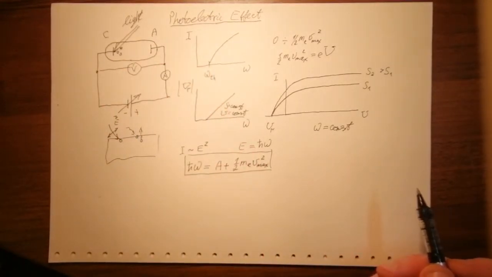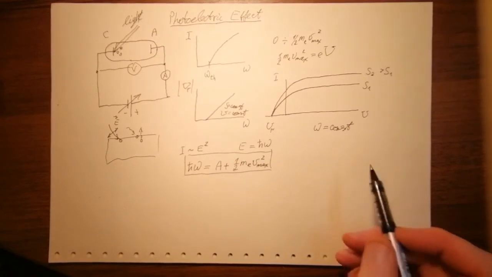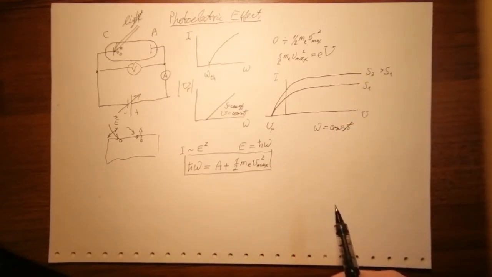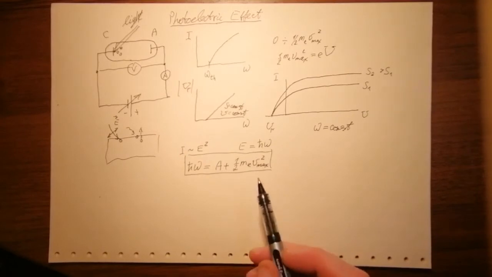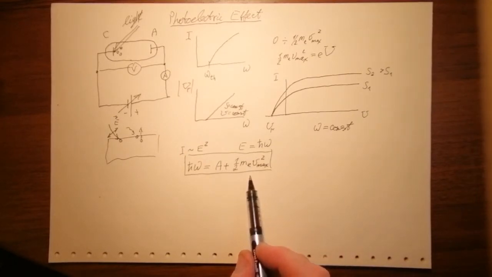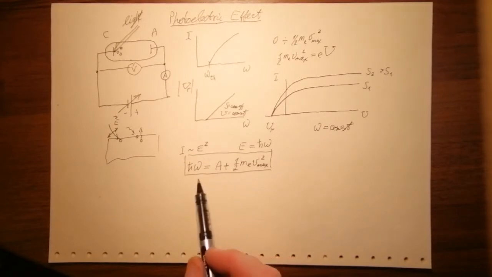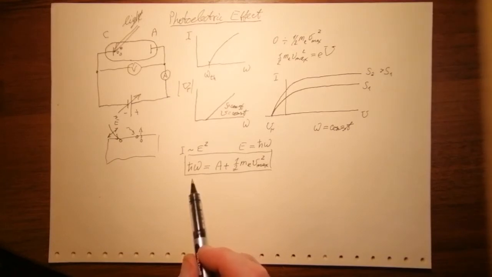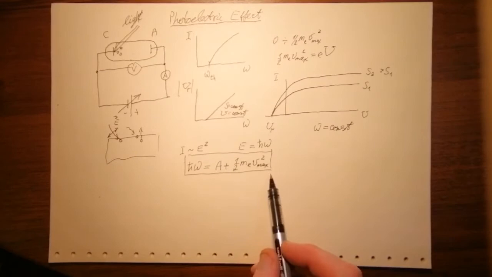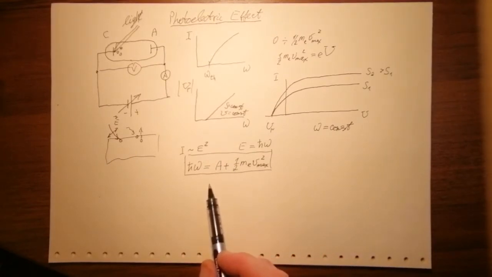You remember dq over dt is current, so the current depends on intensity. This effect is one of the significant indications that light is absorbed by portions, and now we will consider other features of photons.